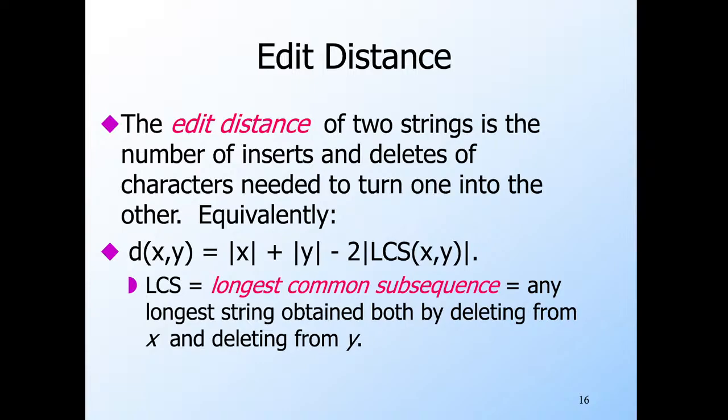Here the longest common subsequence is B, C, D, E. So the length of X is 5 because we have 5 characters here. The length of Y is 6. And the length of the longest common subsequence is 4. So 5 plus 6 minus 2 multiplied by 4 gives us 3, which is the same as the number we computed here.